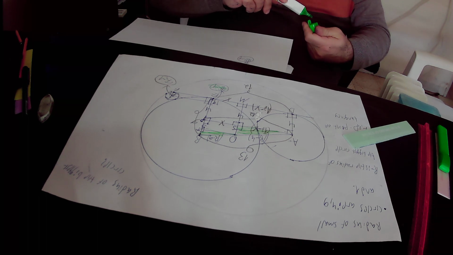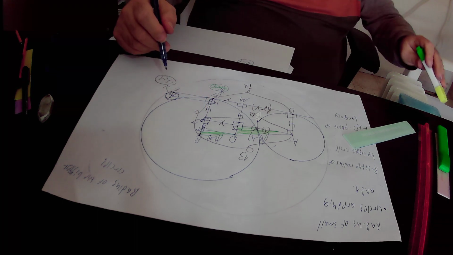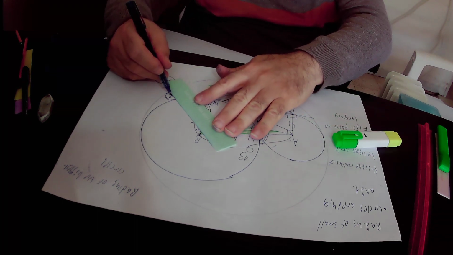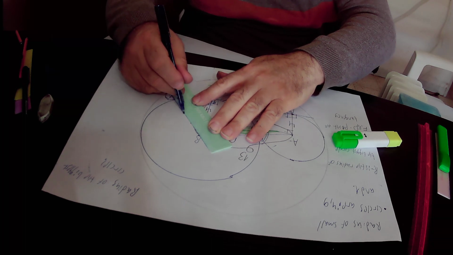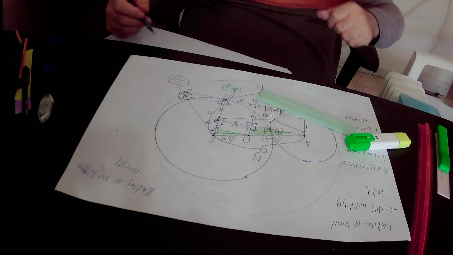In the next step, we will join points B and C together by a straight line. What is the length of line segment BC?